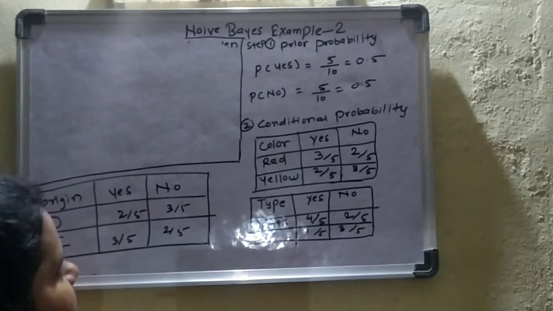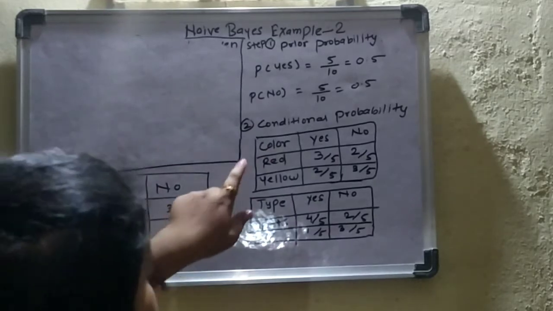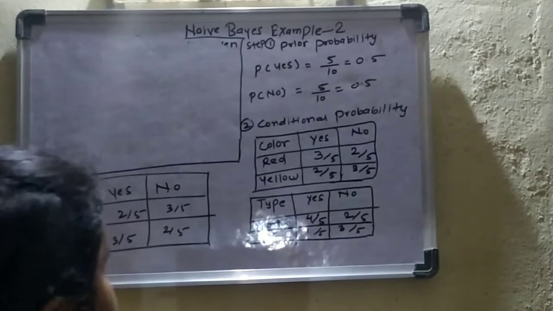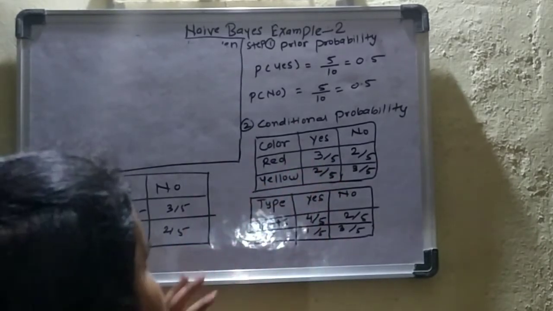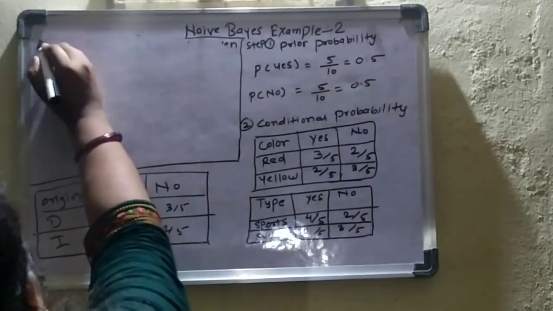In that we have calculated the conditional probability for the three things, that is color, type and origin. So these are the tables that we get for the conditional probabilities. Now we will move to step 3.